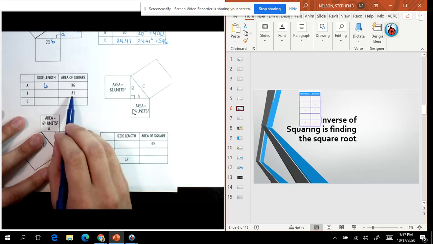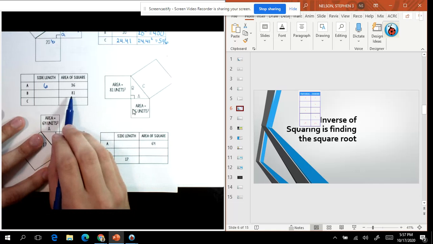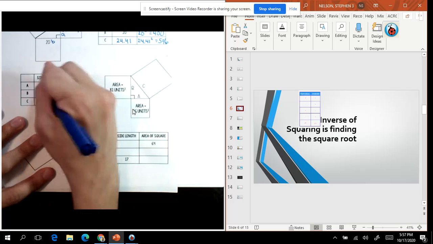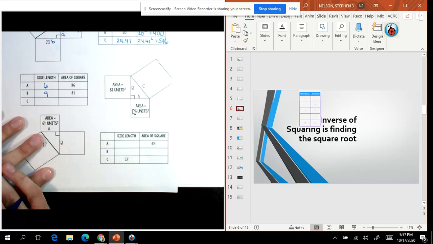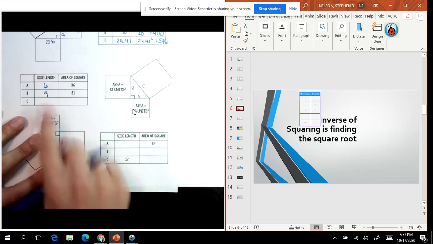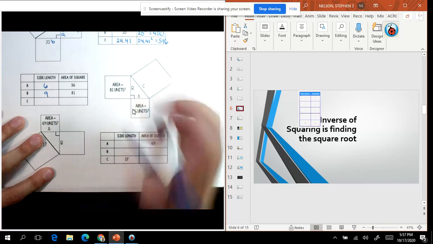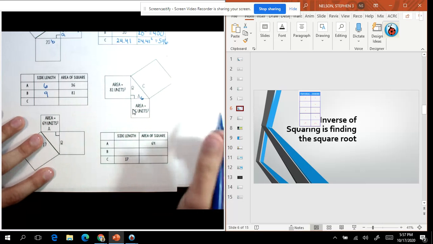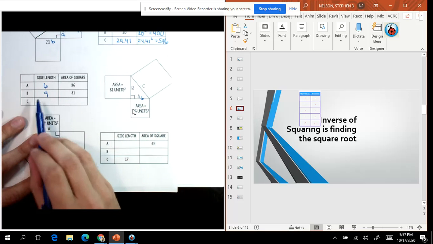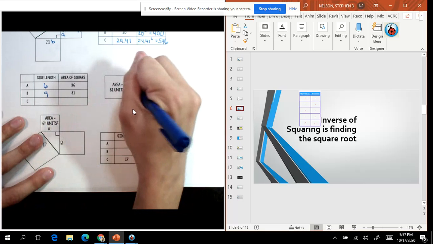Now we have 81. What number times itself equals 81? That's going to be 9, because 9 times 9 equals 81. So we can go ahead and fill in A, this side is going to be 6, and for B we do 9.